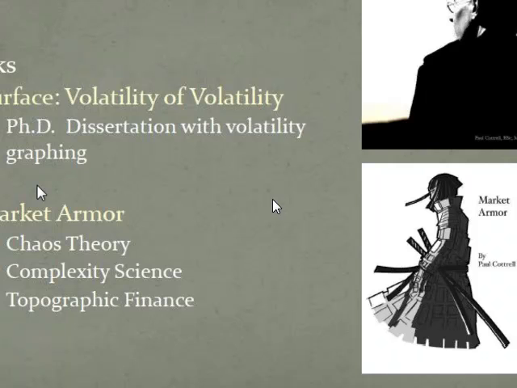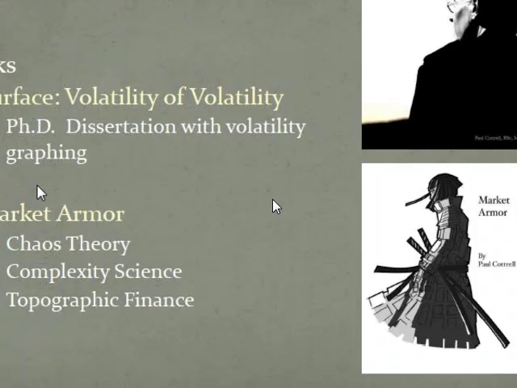Now, Market Armor is going to be in the beginning of 2015. Most of the books that I have done have been at the PhD level or master's degree level in finance. Market Armor is a little less intense in terms of the mathematics involved, or the computer science involved.